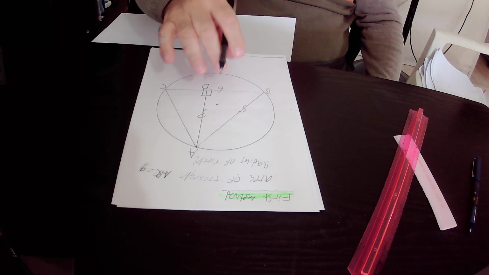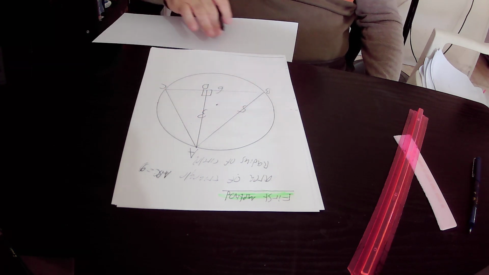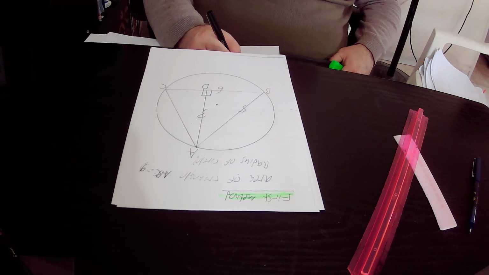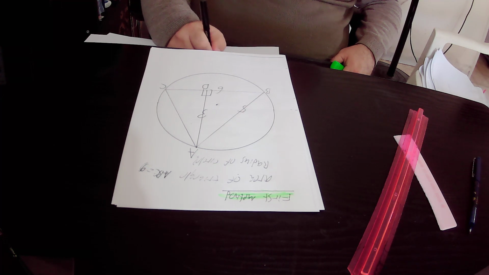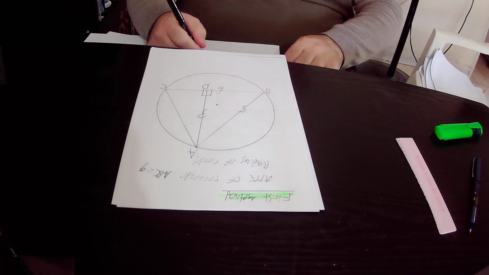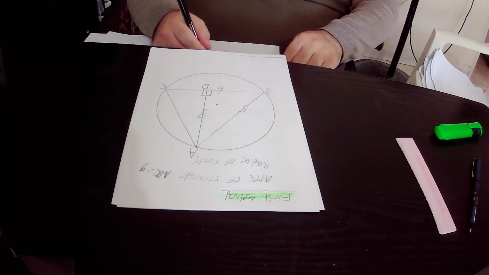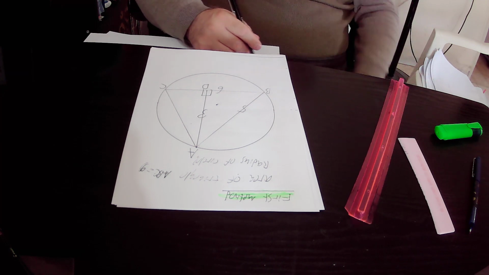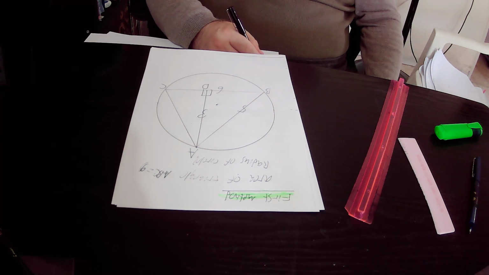In the next step, we'll focus on the right triangle ABD. On the right triangle ABD, according to the Pythagoras theorem, the square of the hypotenuse equals the sum of the squares of the perpendiculars.